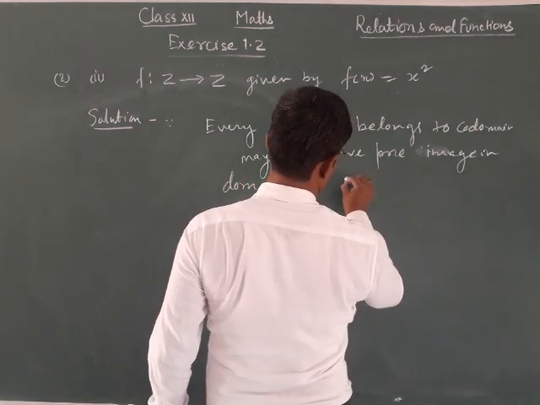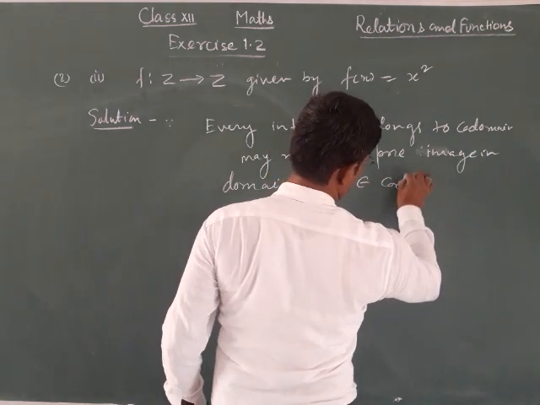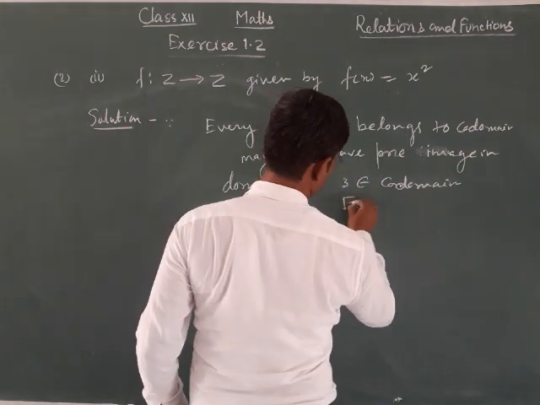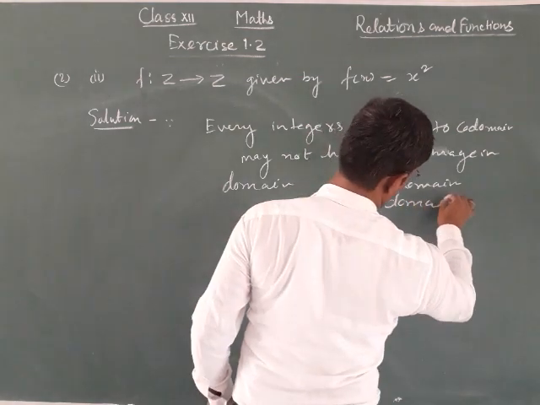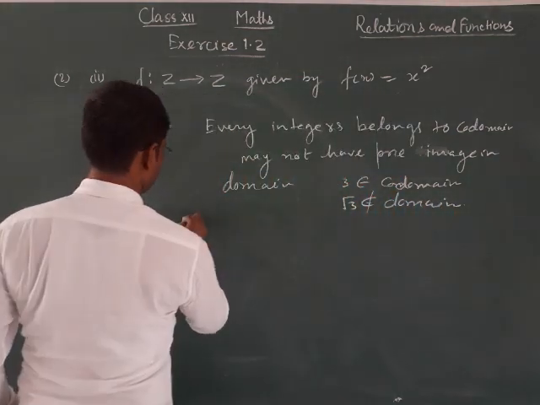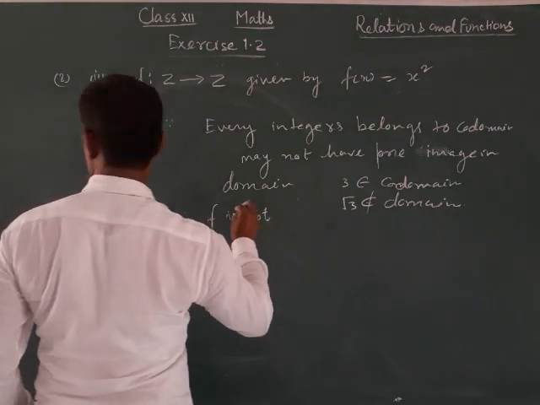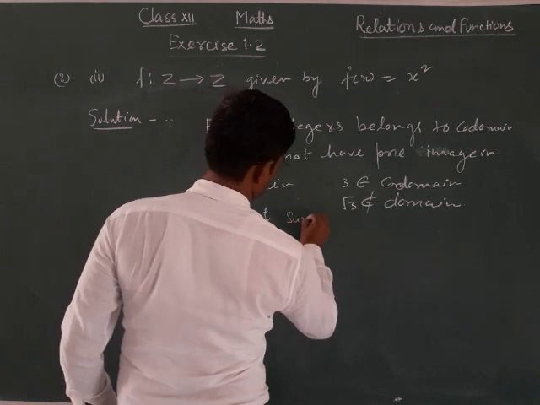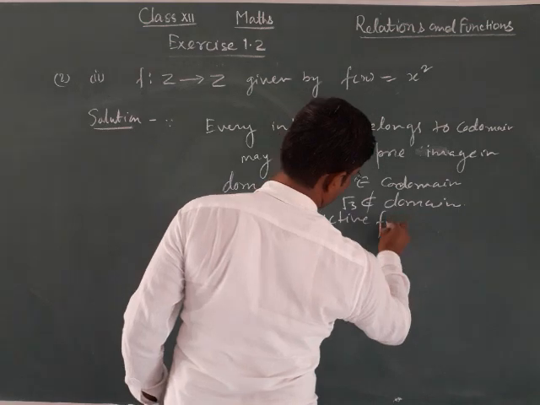For 3 belonging to codomain, but root 3 does not belong to domain. Therefore f is not a surjective function.